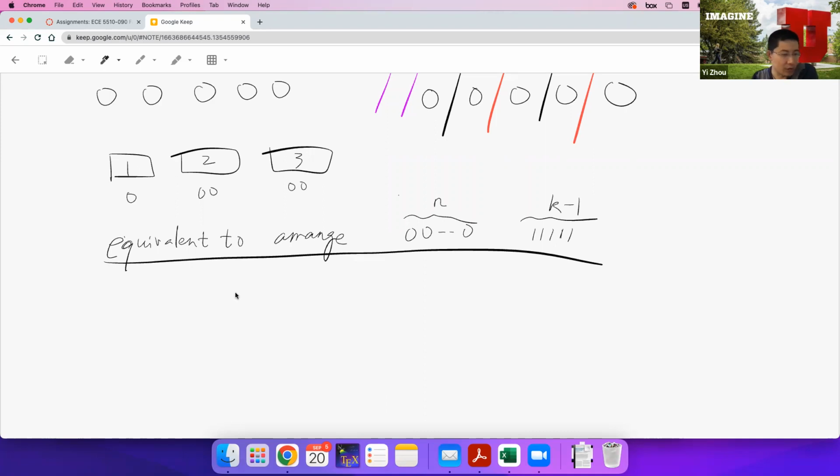Well, we just first consider the total number of orderings, by assuming everything is distinguishable. Then we just divide it by the permutations that we can have among each type.